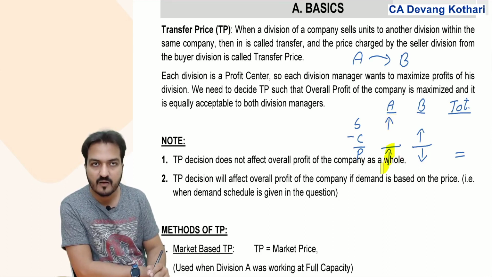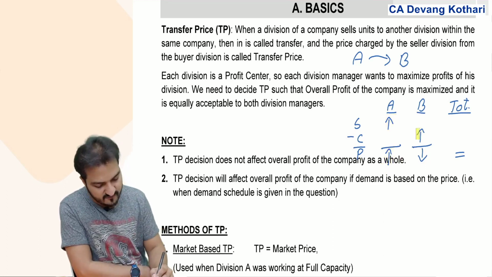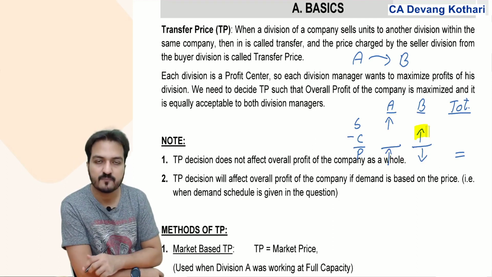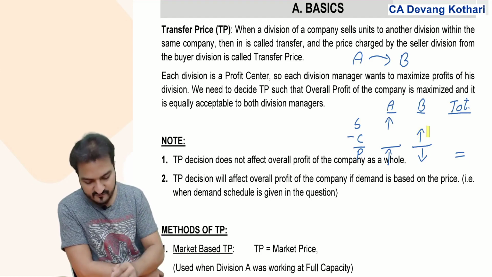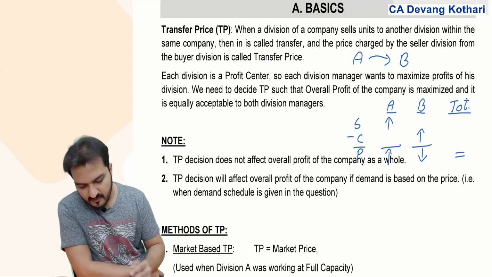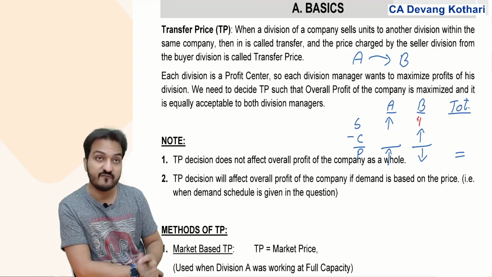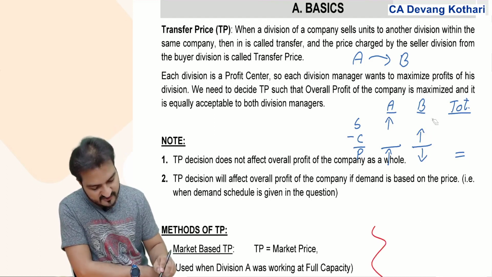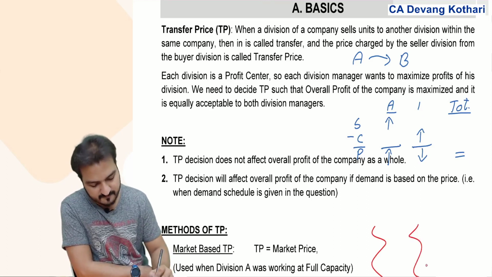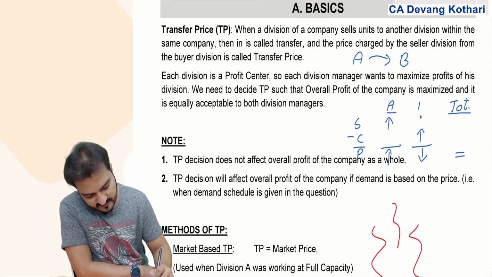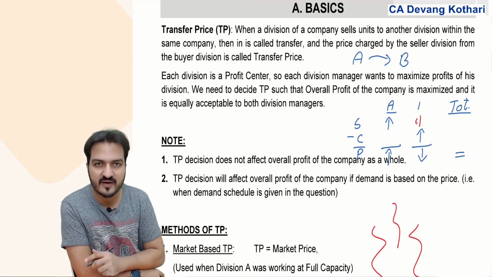But because they are charging more transfer price, for division B the cost is more. And if the cost is more, then division B may decide to charge a higher selling price due to that.